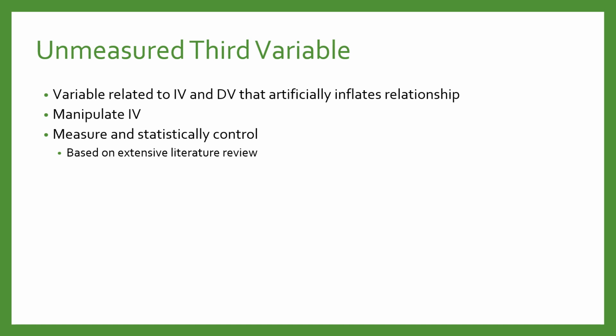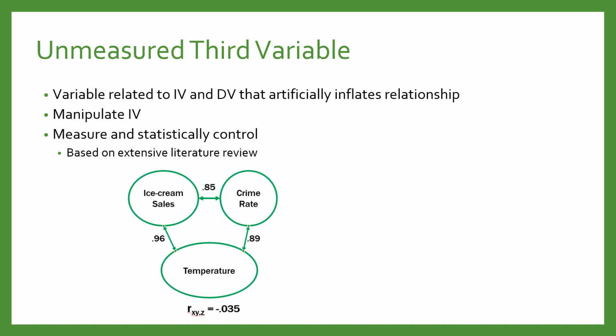Another great way to control for an unmeasured third variable in more correlational or non-experimental research is to measure and statistically control for other variables that you think may influence the relationship between your independent variable and your dependent variable. And of course, you're going to need to do an extensive literature review to see what other variables tend to be related with what you're interested in, but it's worth it.